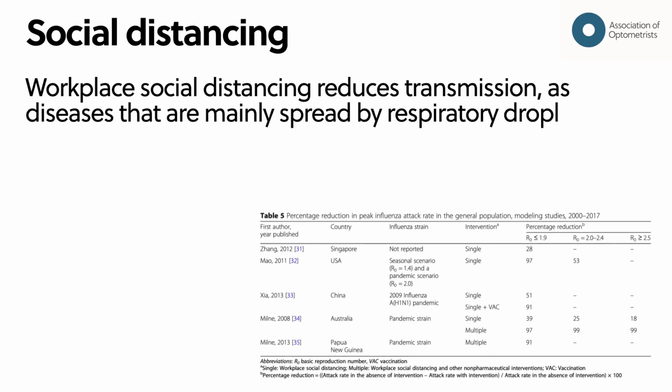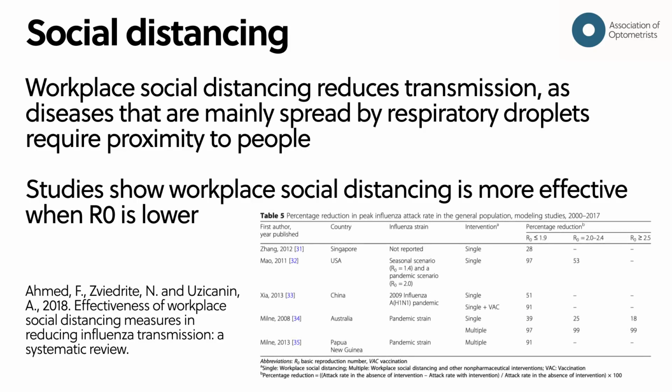And some more interesting research on social distancing showed that actually when R is lower, or in this case R0, when the disease is spreading less, workplace social distancing was more effective. So as much as this work looked at R0, and we've said that R is actually what we're talking about more because we've now got the disease with interventions, it's still important.